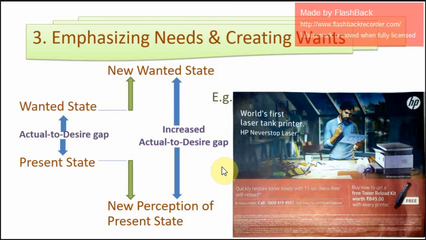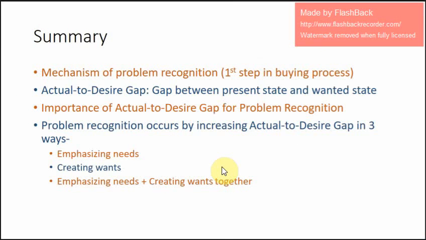Let's understand what we have learned in this particular video. We have understood the mechanism of problem recognition, which is the first step in the buying process. We have also understood the actual to desired gap, which is the gap between the present state of the consumer and the wanted state of the consumer.